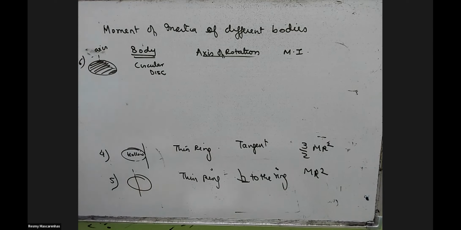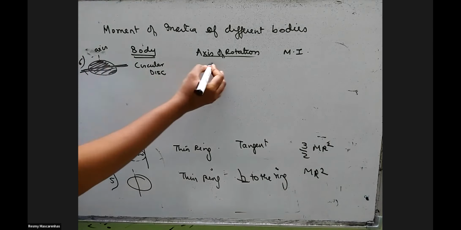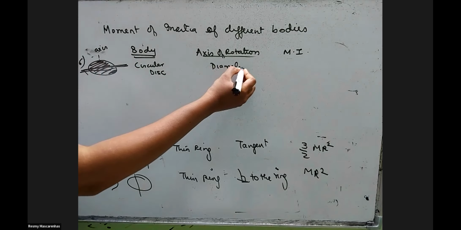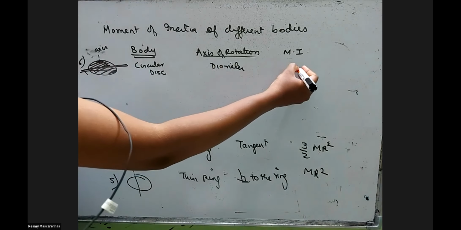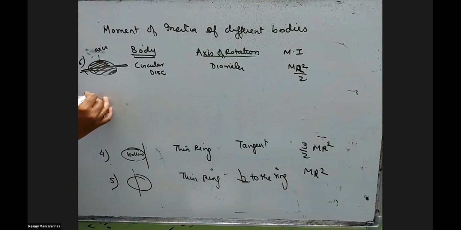Again, same thing, the diameter is the axis. MR square by 4.